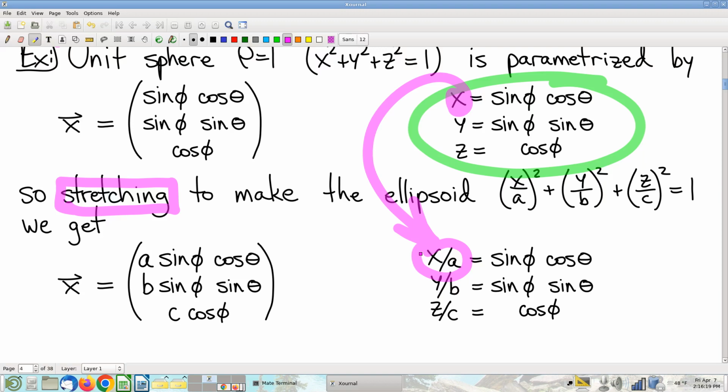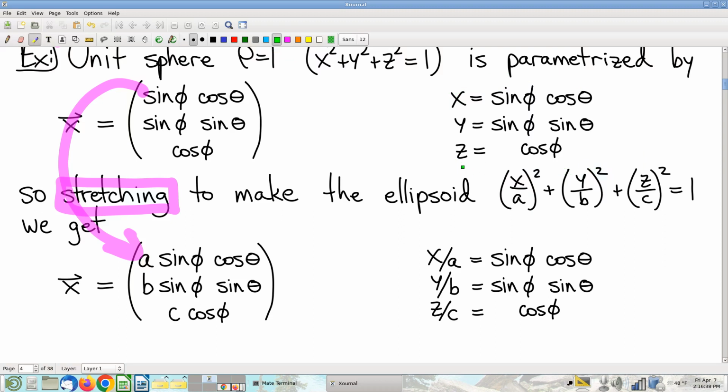Well, you got to distinguish between, are we doing something to the coordinates themselves? Or are we doing something to the equation, to the variables representing those coordinates inside an equation? Here, I'm taking the formula for x itself, and I'm multiplying the formula for x itself by a.